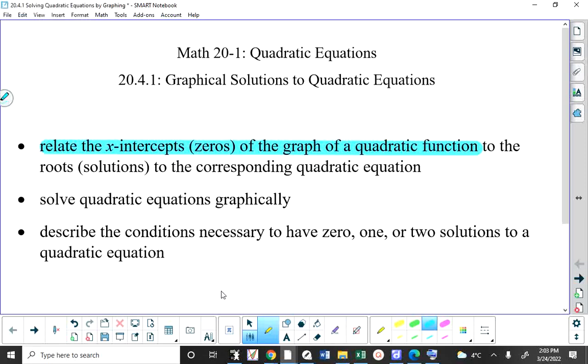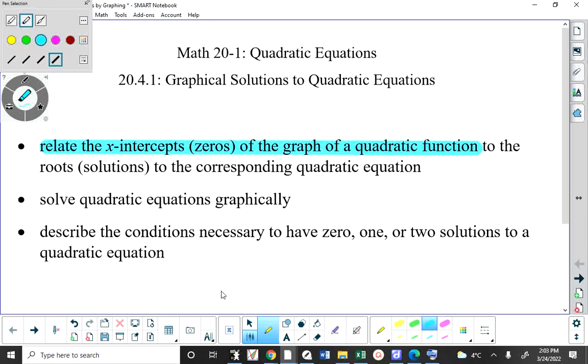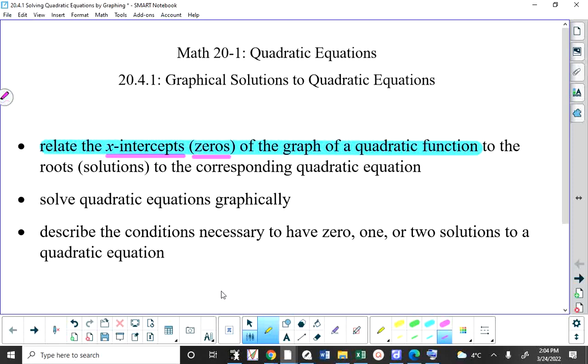And the other thing that's in here, and this was introduced to you just a little bit in the last unit, is that an x-intercept is another way of saying a zero. So whenever we're talking about x-intercepts or zeros, we're talking about a quadratic function or a function in general.